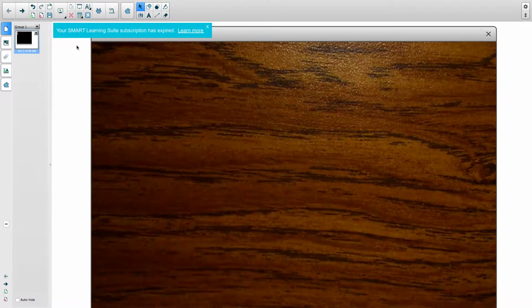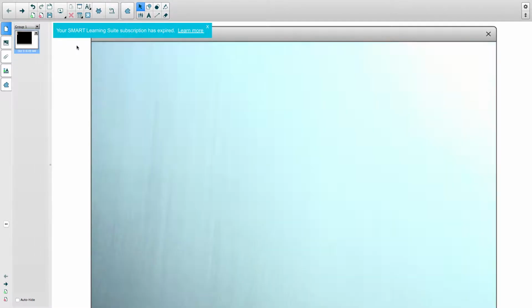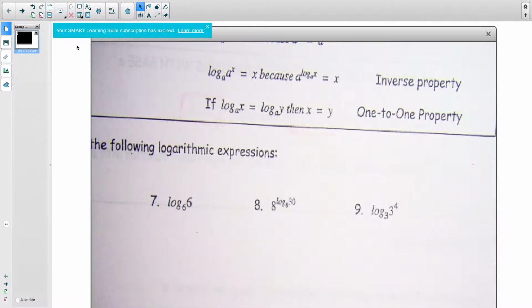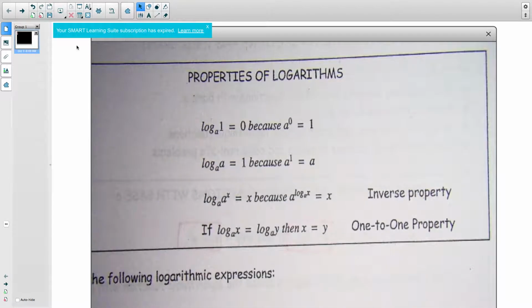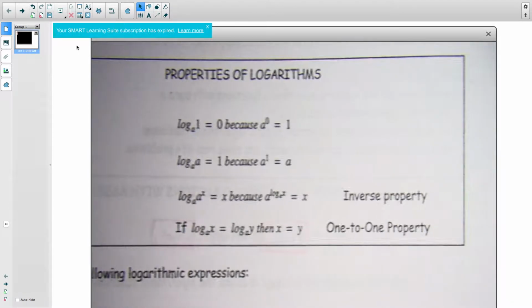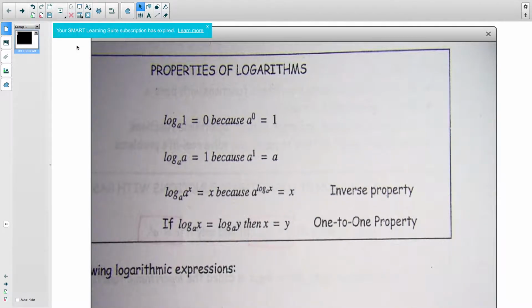All right. Then we're going to go back and look at those rules. Do you remember your log rules? All right.